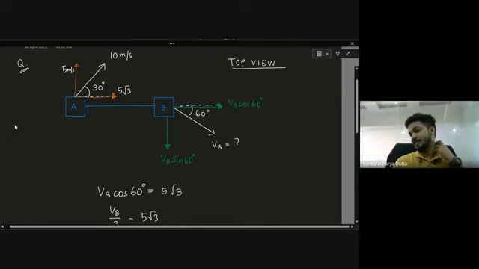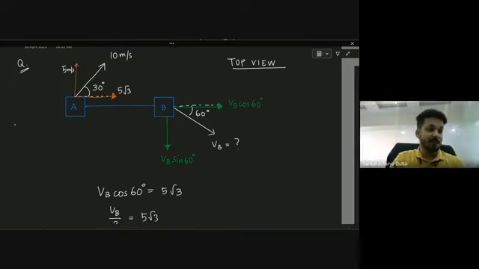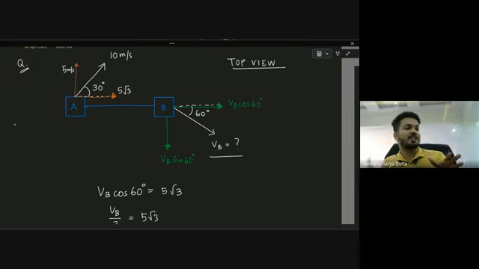No. See, it's already given to us that there is a VB which is causing the length of this wire to be constant. Now, if you're saying that this velocity is 0, that means there will be slack, no? If this was traveling with 0 velocity, then definitely that thing going at 10 meter per second in that direction will create a slack here, no?